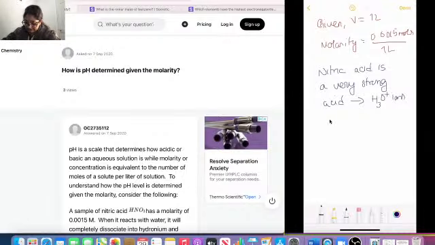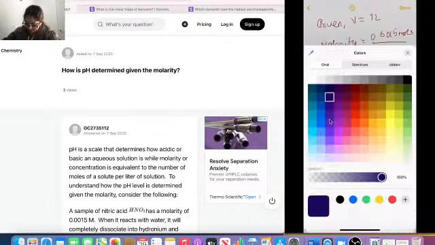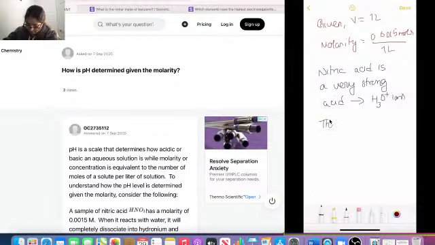So we can basically say, therefore, the concentration of nitric acid, HNO3, is the concentration of your hydronium ions.